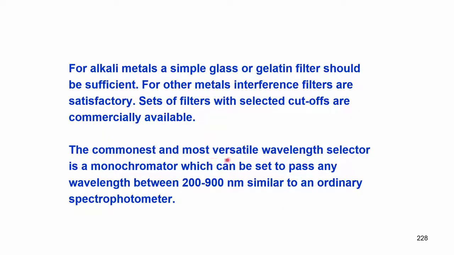If I have to remove anything from the flame, I can use a filter, but if I have to choose the resonance line, I need a grating. That is the bottom line. The commonest and most versatile wavelength selector is a monochromator, which can pass any wavelength between 200 and 900 nanometers. This is what is being used in almost all atomic absorption spectrometers.